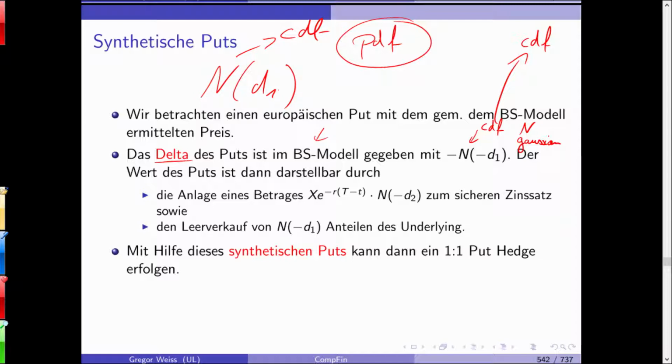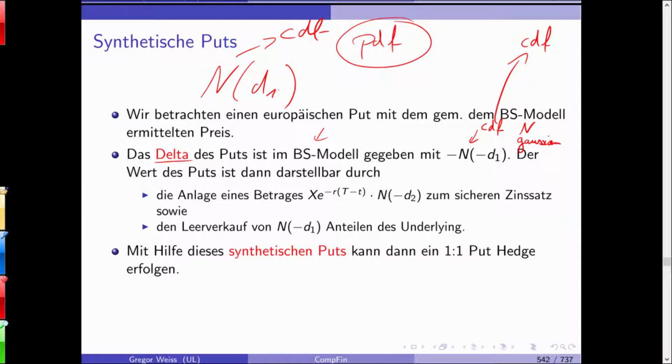And this is a synthetic put. You do not need an option, but you can take the Black-Scholes model and calculate the right amount of capital and the right amount of underlyings. You have to go short, and by combining these two, you get the same effect as you would with a put. However, of course, this is tricky.